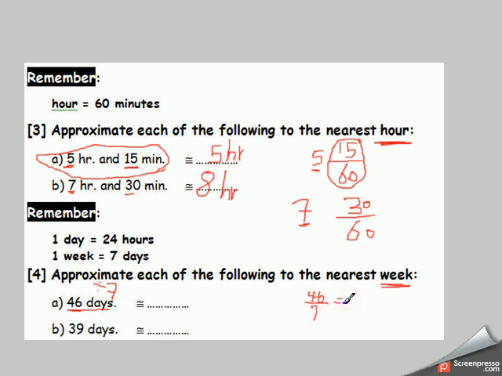Okay, mister, this is improper. What can I do? You should convert it to a mixed number. 46 can't be divided by 7. I will search about 45. 45, no, mister, it is not in the table of 7. 44, no, mister. 43, no, mister. 42, excellent. 42 is in the table of 7.